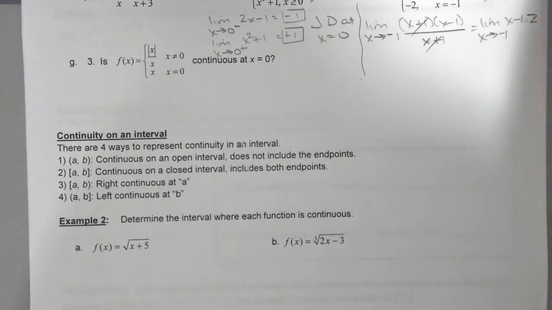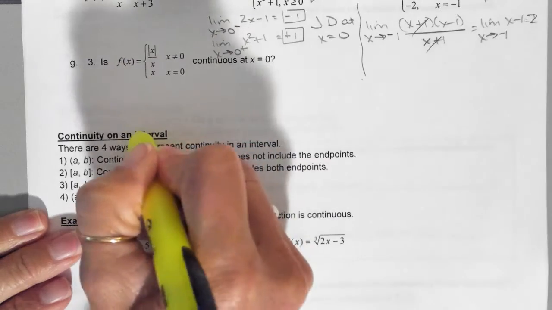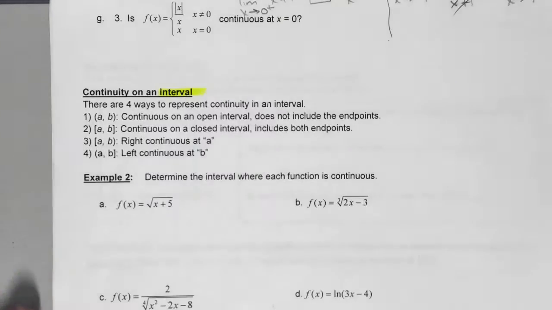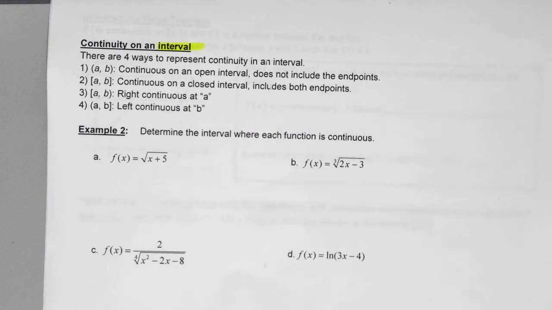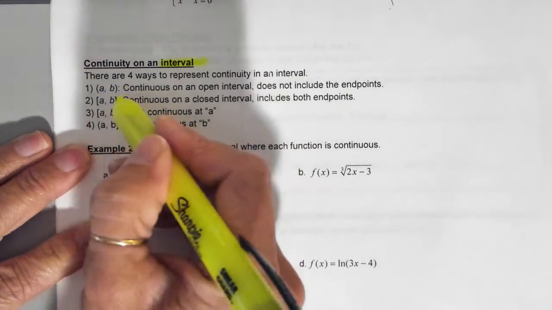So, notation. This is the biggest thing right here. Continuity on an interval. So, if you are asked to identify over what interval a function is continuous, you need to write your answers in interval notation. Interval notation. Okay, so please make sure you carefully read the directions. So I'm just going to go over this really quick because most of you know this already.